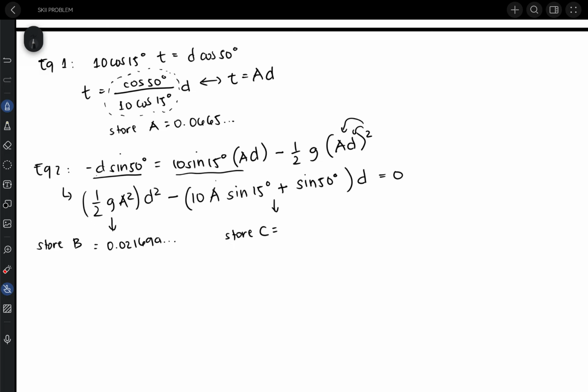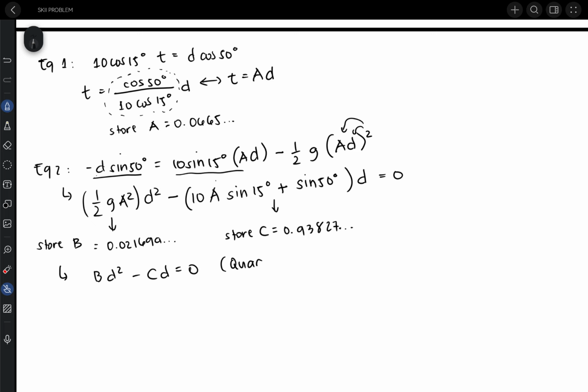That will give us 0.93827 and so on. So store that to c, and then we can simplify this equation further by having bd squared minus cd instead of that whole thing.